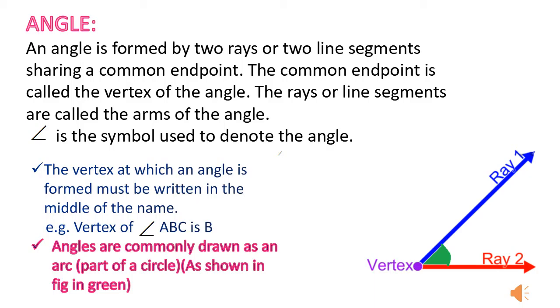For example, vertex of angle ABC is B and it's written in the center, whereas you can see A and C are on either side of B. Now angles are commonly drawn as an arc. What is an arc? It is a part of a circle, you can see in the figure shown in green.